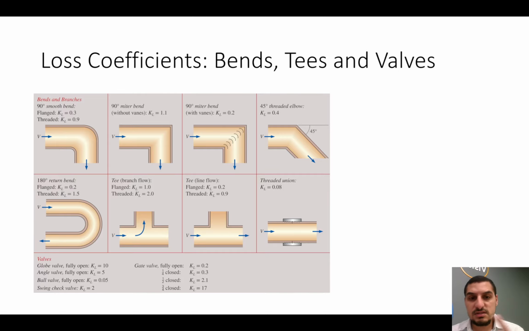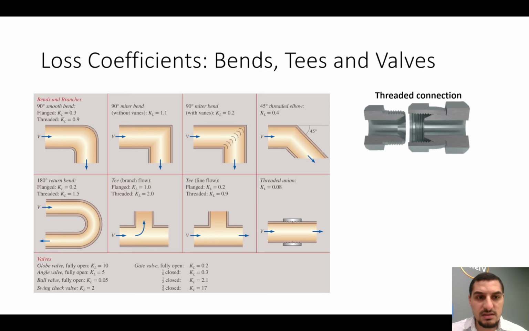It has threads inside, which are kind of helical shape, like lines inside the inner surface of the pipe, like this, and the outer surface of the connection, and it's simply connected by rotation. You rotate the fitting, and it fits inside the tube, and that's it. So this is how it works.